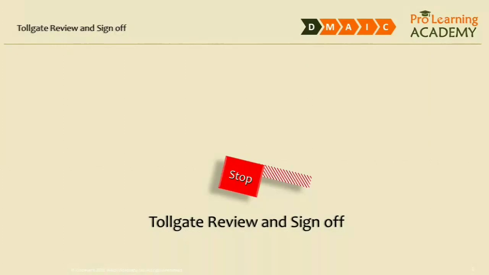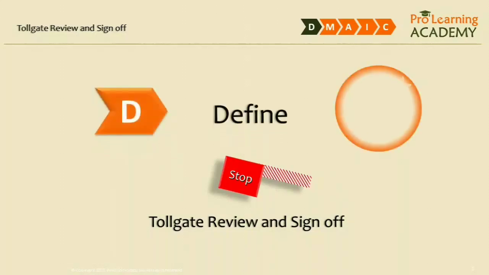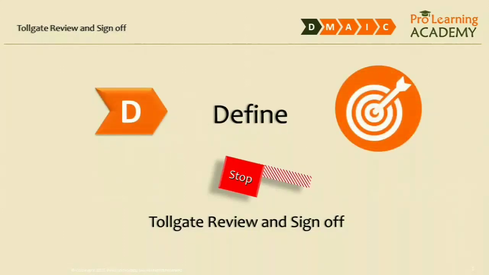So here we go with the project charter, your SIPOC, process map, expected benefits from the project, your project team, the communication plan, and all these slides would help you complete the define phase. And then you face the toll gate review.